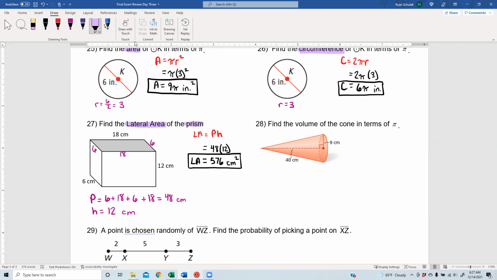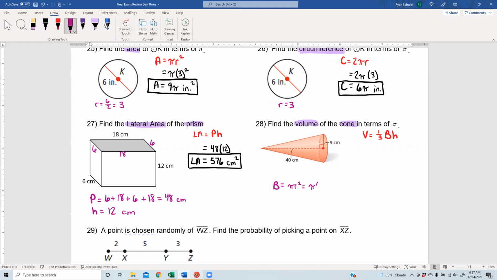Right. 28. Find the volume of the cone in terms of pi. What's our formula for the volume of a cone? 1/3 area of the base times height. So our base is a circle. To get the area of a circle, it's pi r squared.